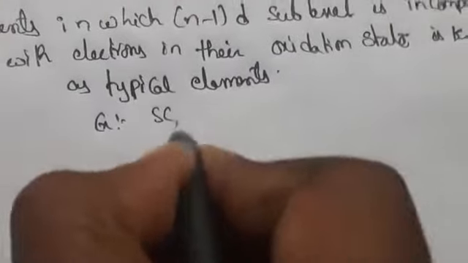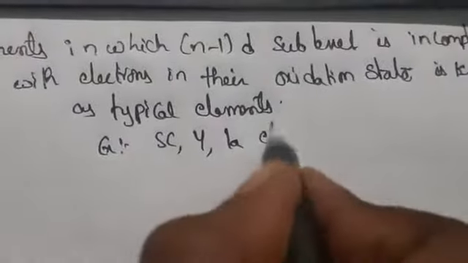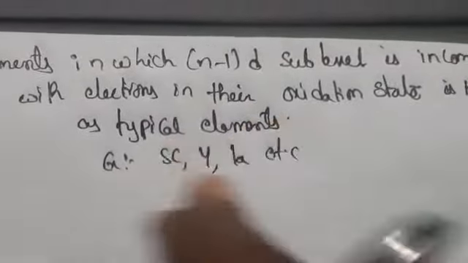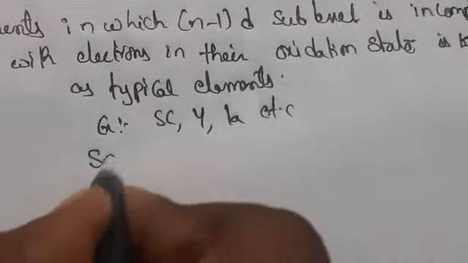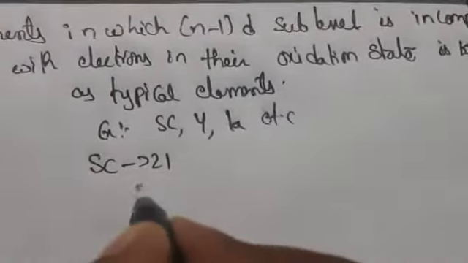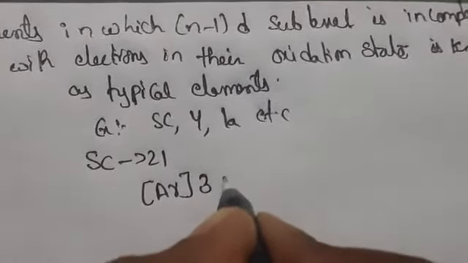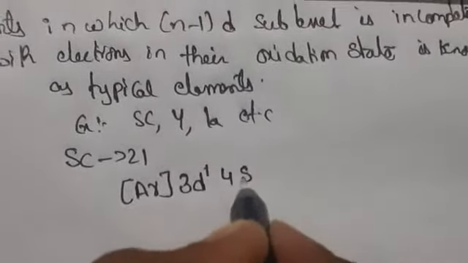Let us take examples: scandium, yttrium, lanthanum, etc. These are elements whose sublevel is incompletely filled. Scandium has atomic number 21, so the electronic configuration is argon 3d1 4s2.